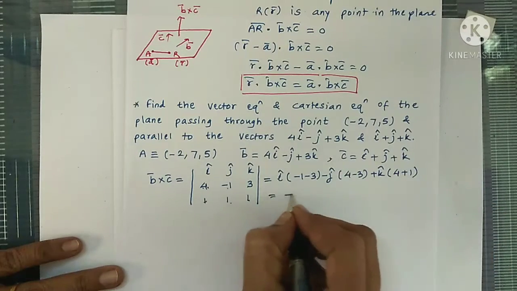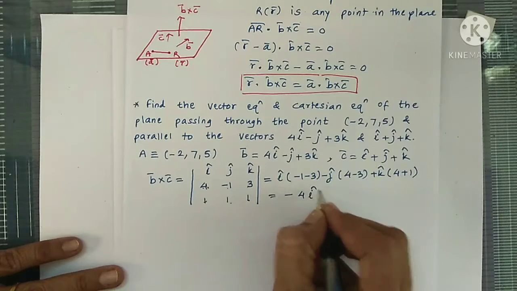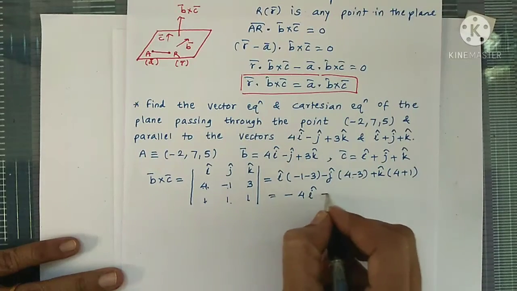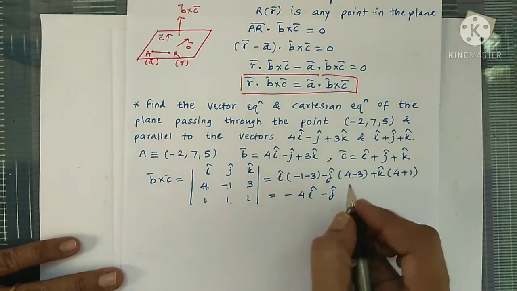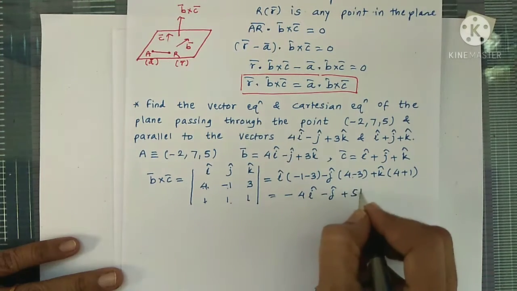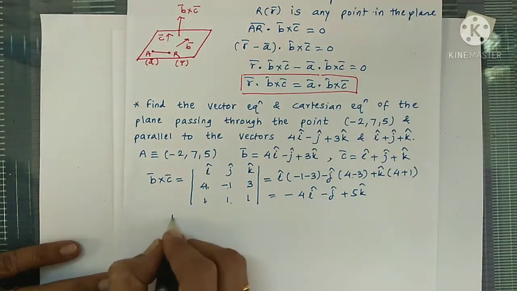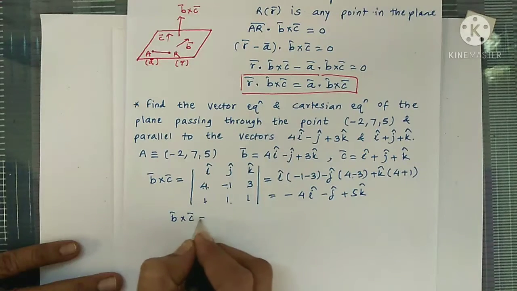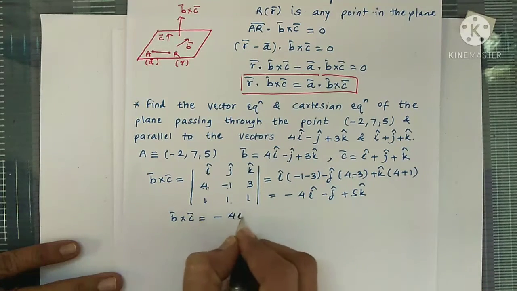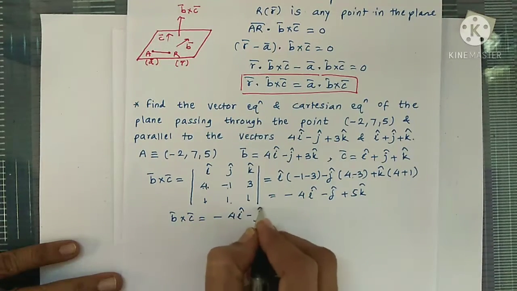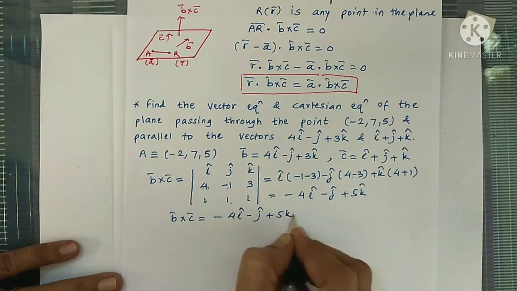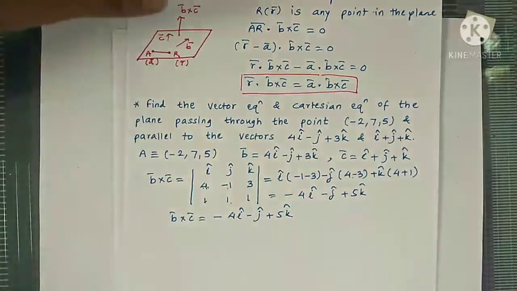So that is -4i cap, minus j cap, plus 5k cap. So b bar cross c bar is -4i cap minus j cap plus 5k cap.